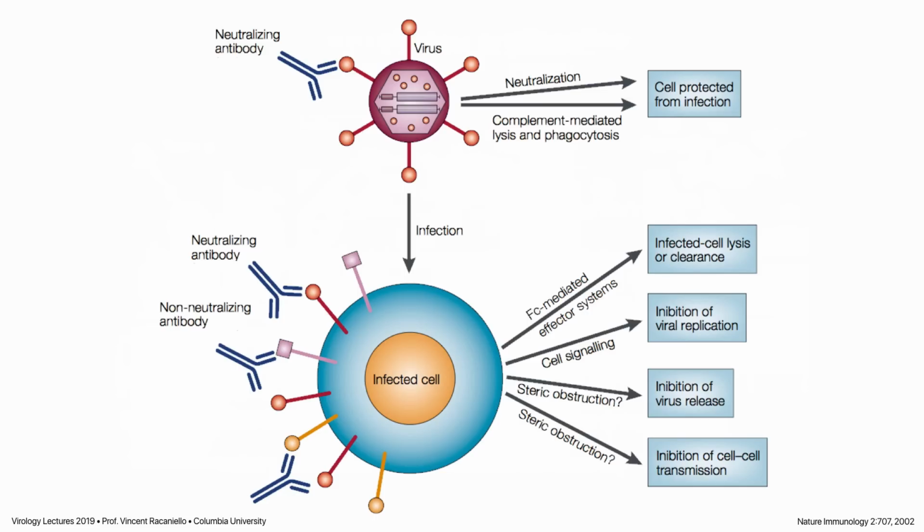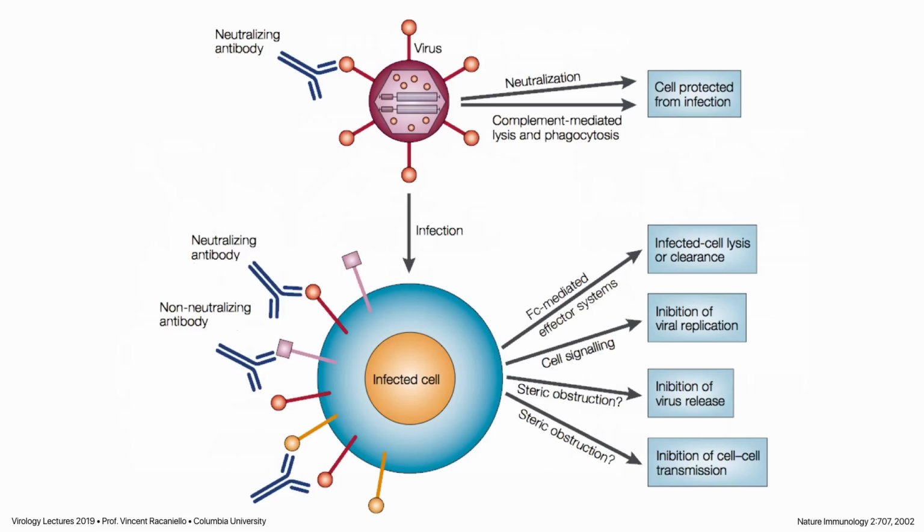Sometimes these antibodies bound will block the budding process. They're on glycoproteins that are destined to be in the budding virus, and the antibodies block that process. And in some cases, these antibodies will inhibit cell-to-cell transmission. When the virus particles bud off, these antibodies can block them from getting into other cells.